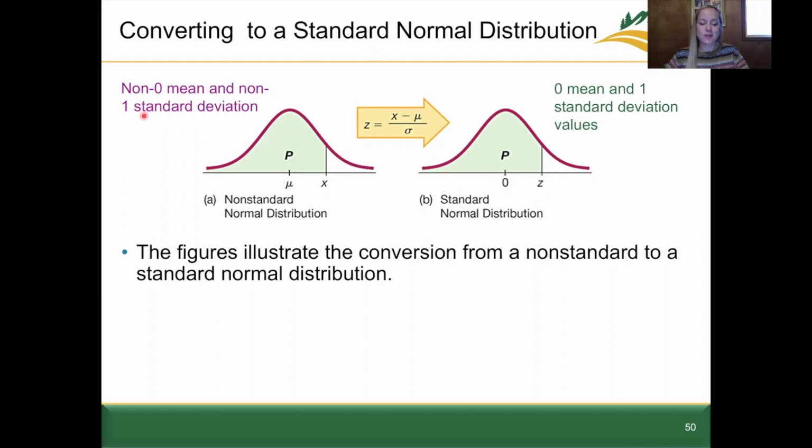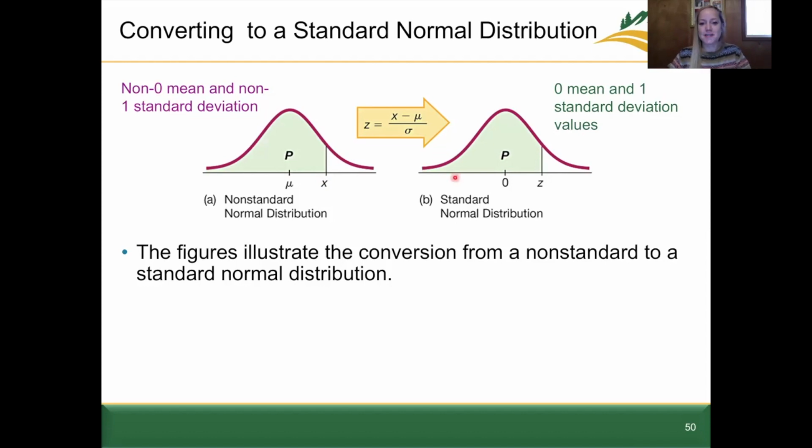For non-standard normal distributions, we have a non-zero mean and or a non-1 standard deviation. I'll change this in your slides. This should be a non-zero mean and or a non-1 standard deviation. It can be either a non-zero mean or a non-1 standard deviation or both. That makes this considered a non-standard normal distribution.